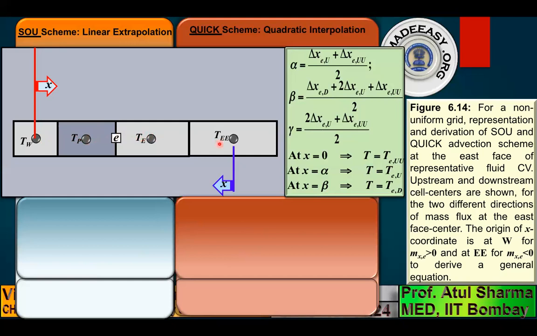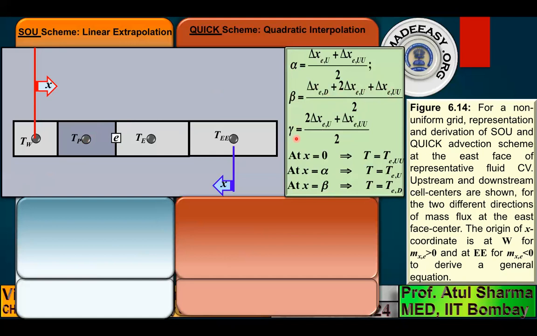If it is a negative x direction, then beta will be delta x e by 2 plus delta x e plus delta x p by 2, which in a general form is given here in terms of downstream, upstream, and upstream of upstream. The x coordinate of alpha is that of the upstream neighbor, and beta is the x coordinate of the downstream neighbor.